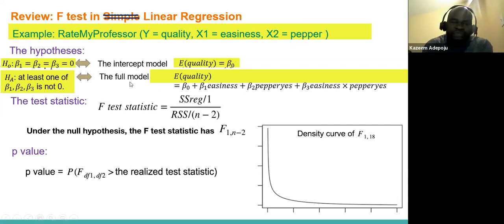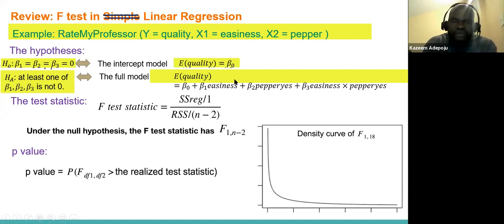But the full model is trying to tell us that the expected quality, which we call the average quality of any professor, can be determined if we have information about the easiness, information about the pepper, and information about the interaction of the two.